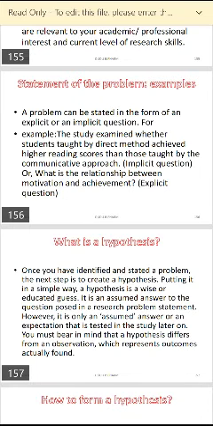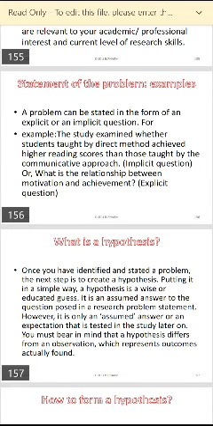For example, the study examined whether students taught by direct method achieved higher reading scores than those taught by communicative approach. This is an implicit question. You can see how implicit it is.